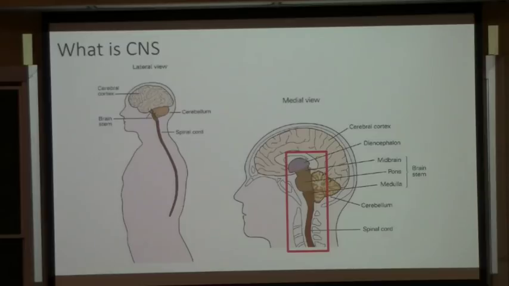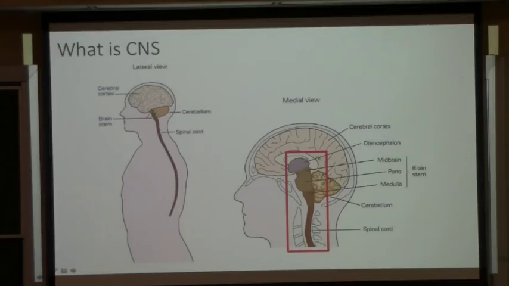So what is CNS? CNS is just the central nervous system. We have the cerebrum, which is the cerebral cortex, and also the cerebellum and the spinal cord. So we also have the brainstem here. If you cut it sagittally, you will see there is this big chunk of cerebral cortex.